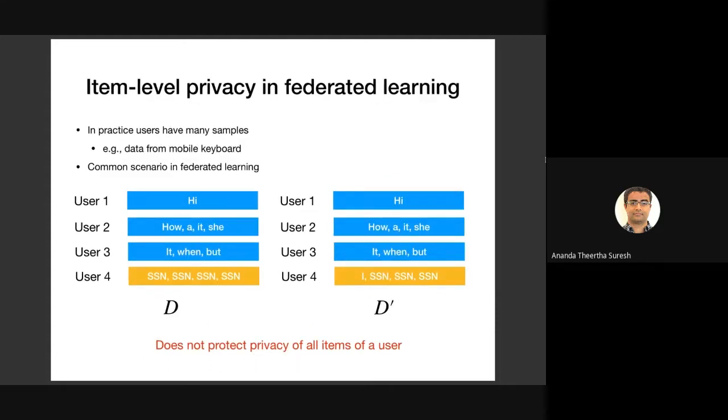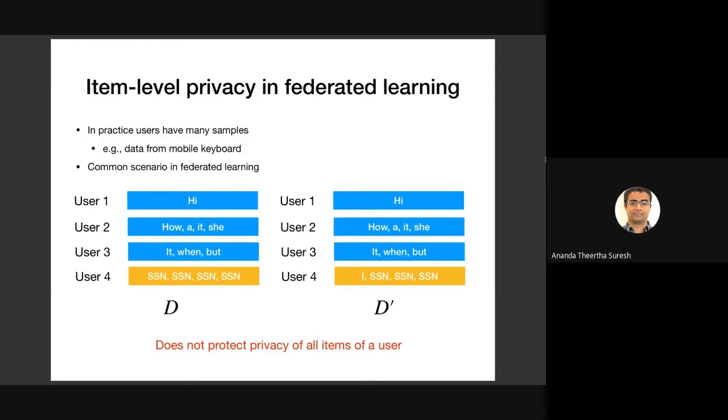However, in practice, users typically have many examples. For example, think of data from a mobile keyboard where you want to count the distribution of words. Some users may type just one word, some users may type hundreds, and some may even go up to thousands of words.